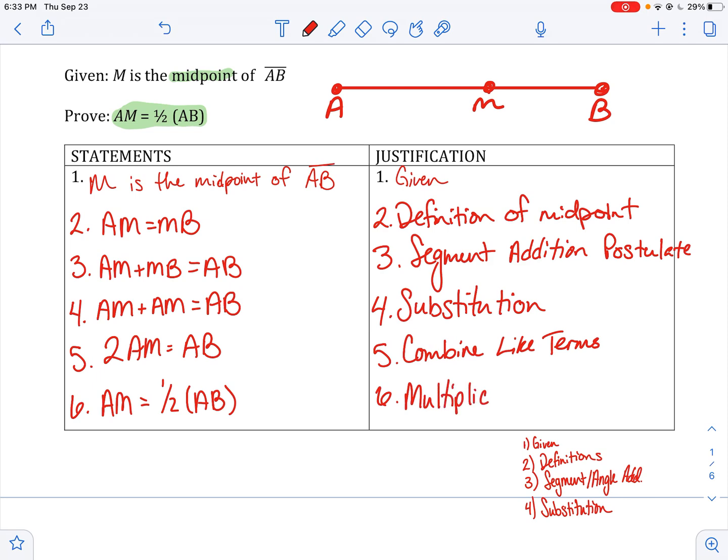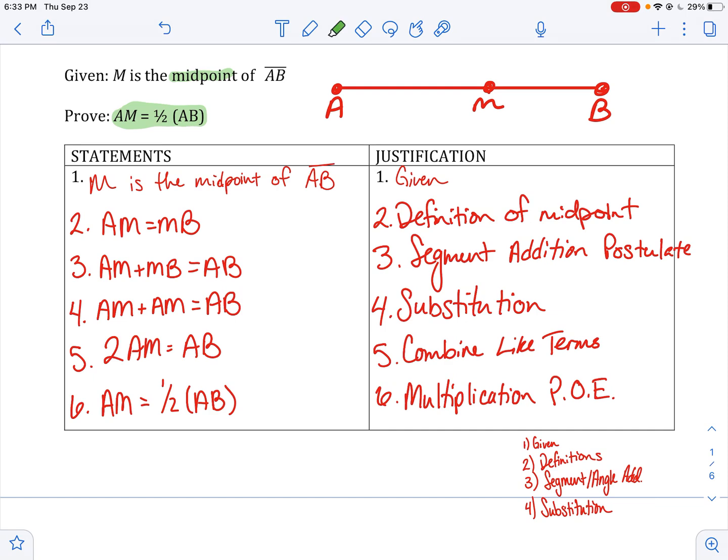You could say that you multiplied by 1/2. That's probably more technically correct. You could also say that you divided by 2. So that would also work. I would go with multiplying by 1/2 personally because it is 1/2 outside of AB and not AB over 2, though those are equivalent statements.